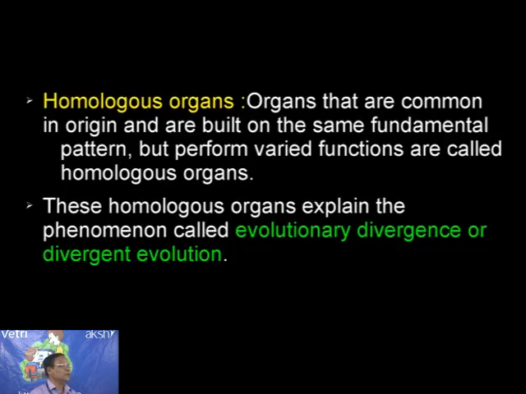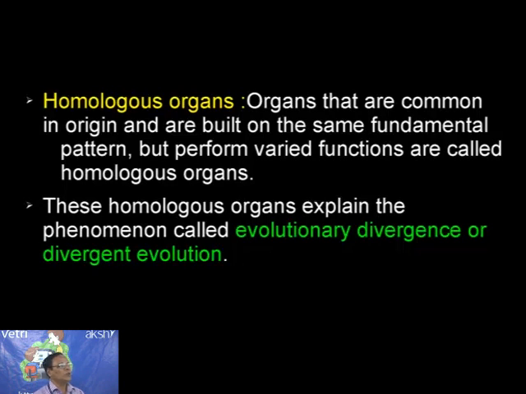But you see, though they have the basic structural arrangement, the similarity is there with reference to the structural arrangement of the organs and also the origin. And these are different organisms, for example the horse, whale, bat or birds. They are using the forelimbs for different purposes.